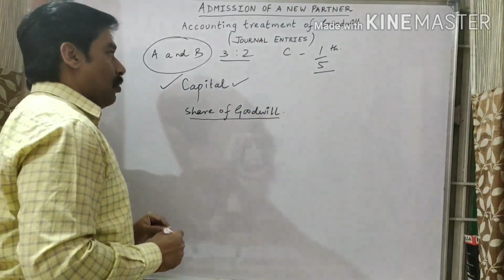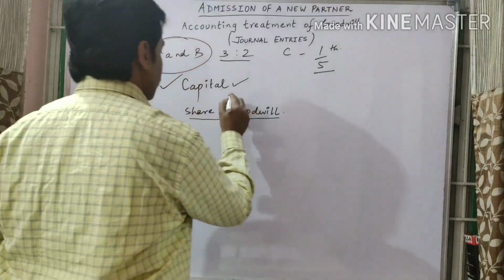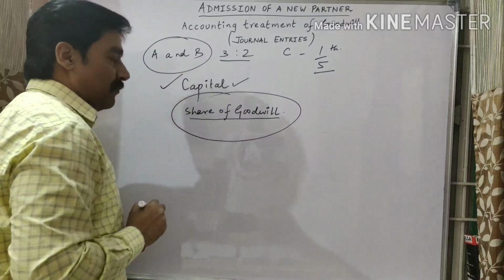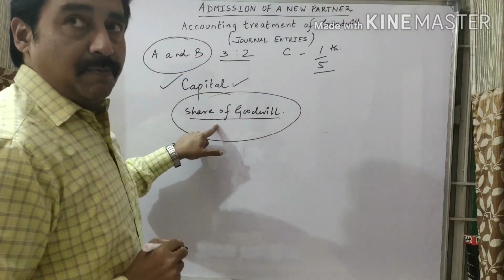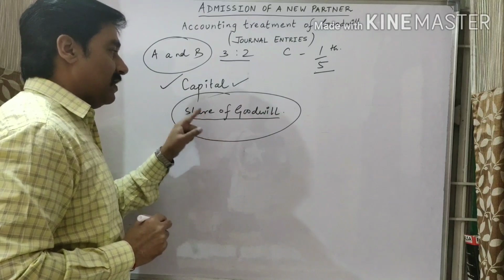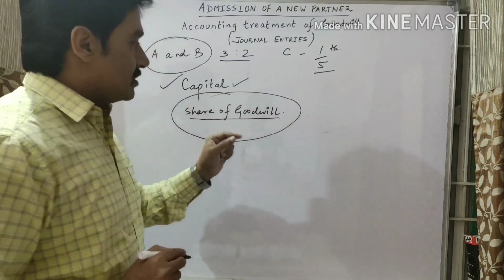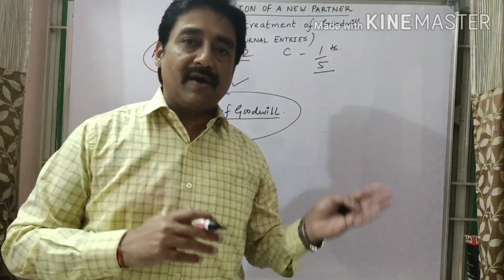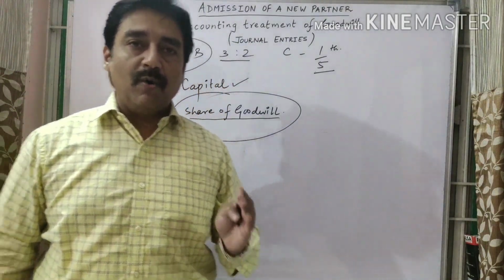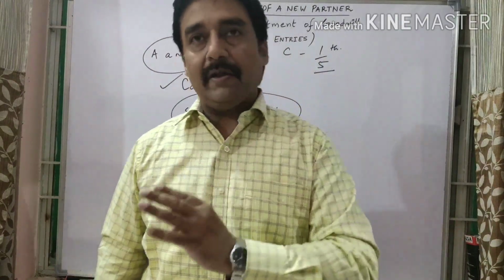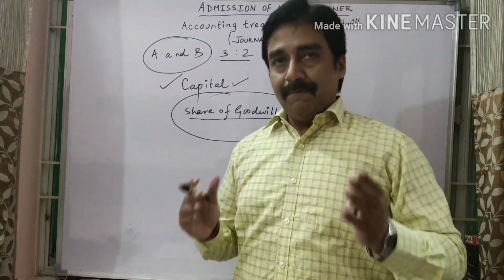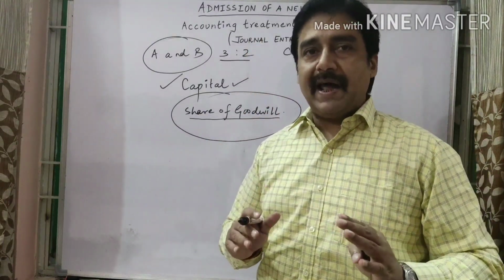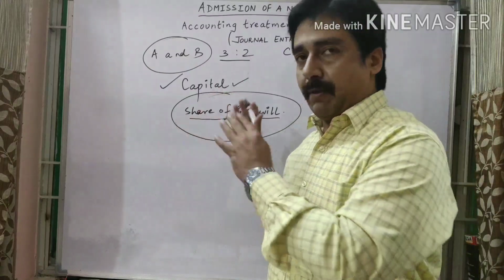Therefore, in order to compensate the old partners for the sacrifice they are making at the time of admission, the new partner is supposed to bring his share of goodwill. I'll explain this in brief. You know what goodwill is. We have already studied it in previous topics, and you know how the goodwill of a firm is valued. There are different methods of valuation of goodwill. But here, at the time of admission of a partner, goodwill is valued by any one of the methods to which all the partners agree.